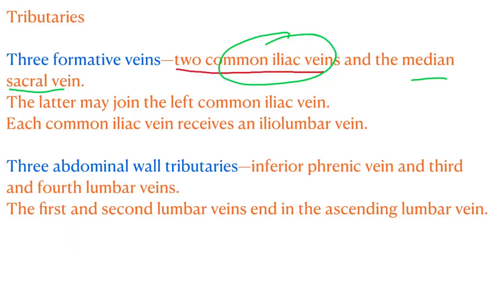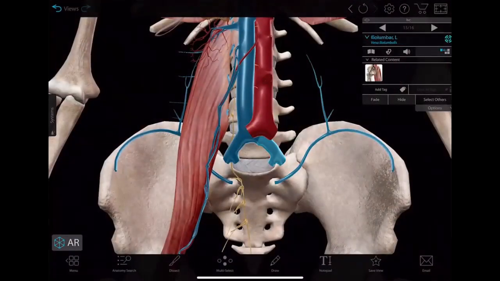The latter may join the left common iliac vein. Each common iliac vein receives an iliolumbar vein. You see, this is the iliolumbar vein. So these iliolumbar veins drain into the common iliac veins, which further drain into the inferior vena cava.